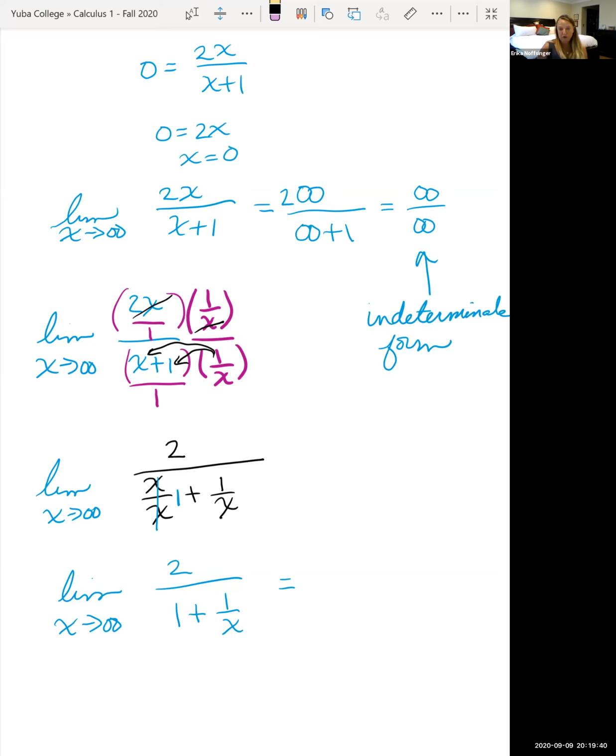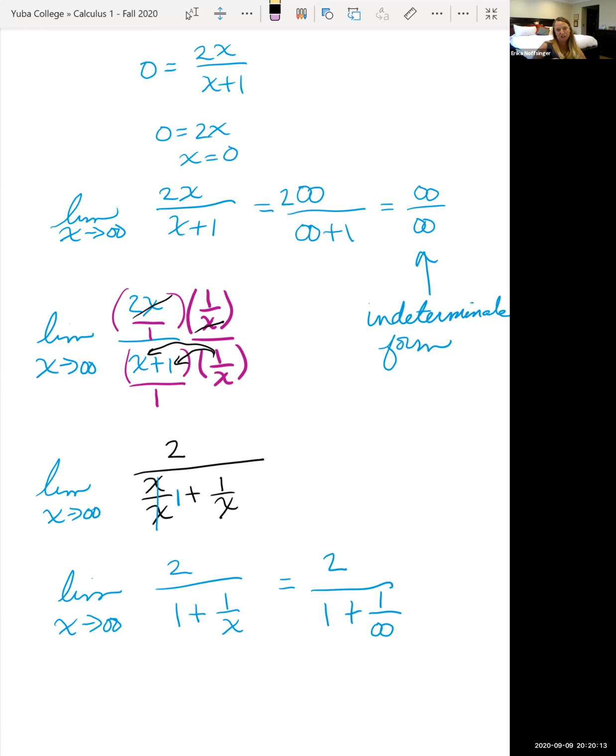If we plug in infinity and think about what's happening as x is getting really, really large, we can figure out what this limit is. Here we have 2. Remember, the limit of a constant is just that constant, 2. The limit of the denominator as x approaches infinity is the limit of the constant 1, plus 1 over infinity.